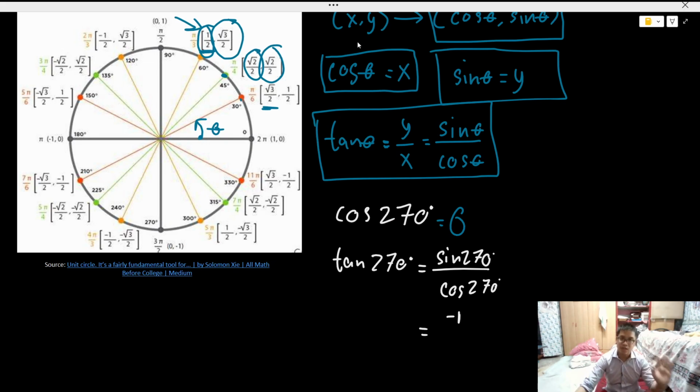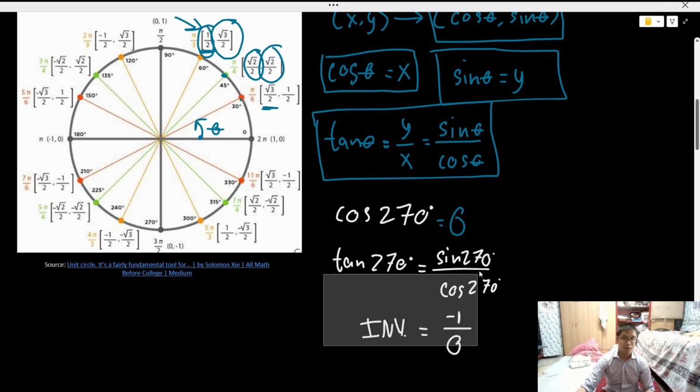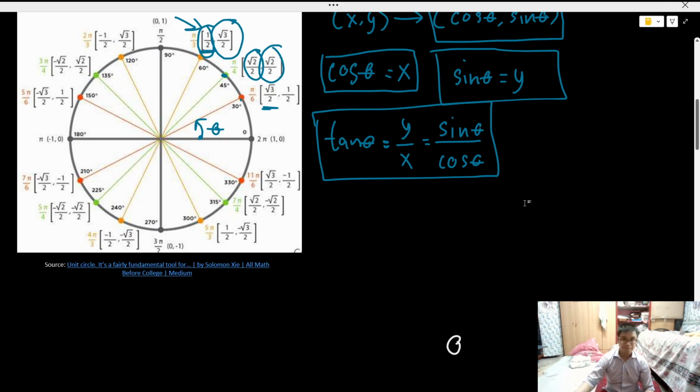Okay? So sine 270 is negative 1. Cosine 270 is 0. Since you cannot divide any number by 0, therefore tangent 270 is undefined. Or much better, I'm gonna put it as invalid. But now you get the idea on how you would get the answer.